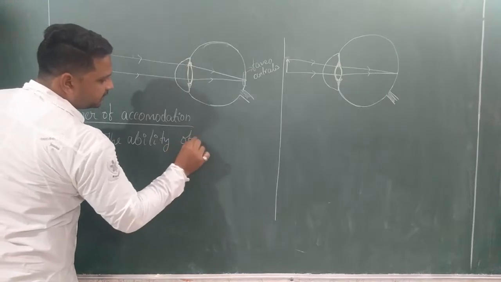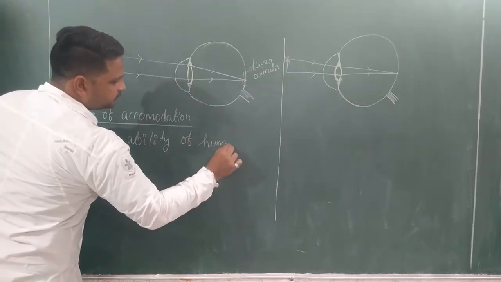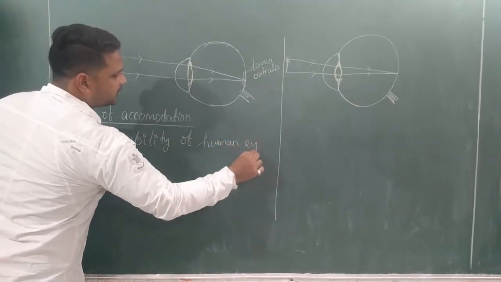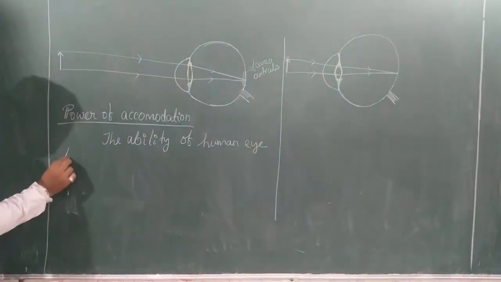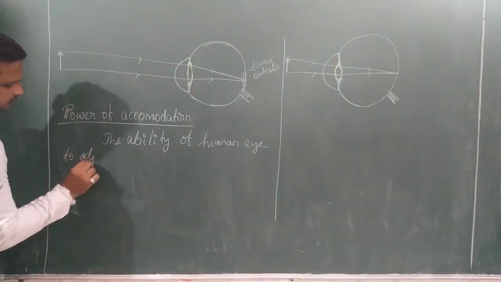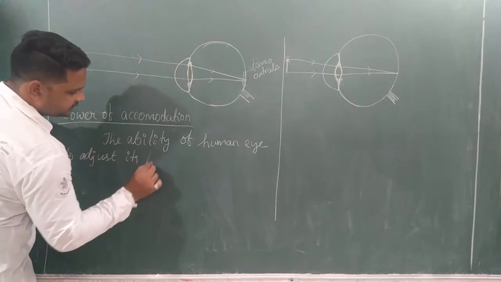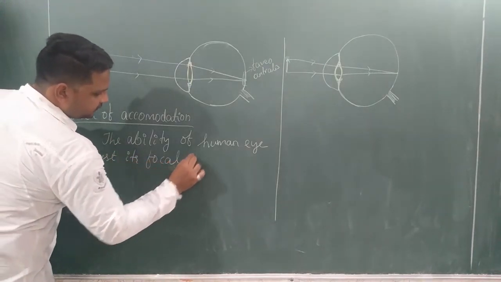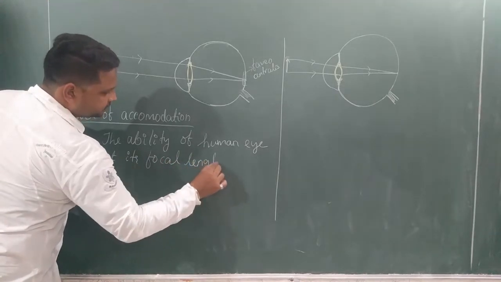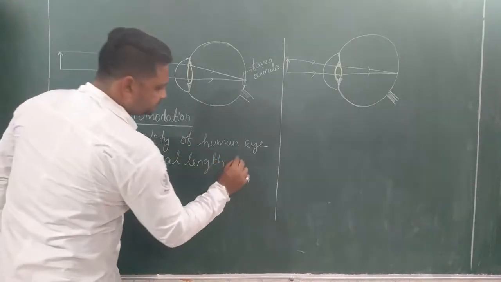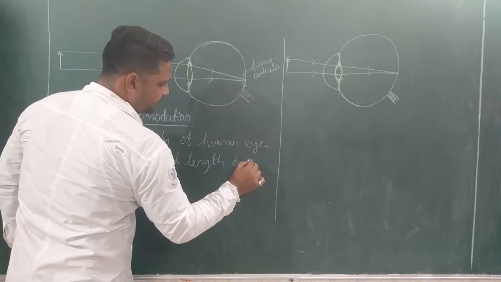Power of accommodation: the ability of the human eye to adjust its focal length.